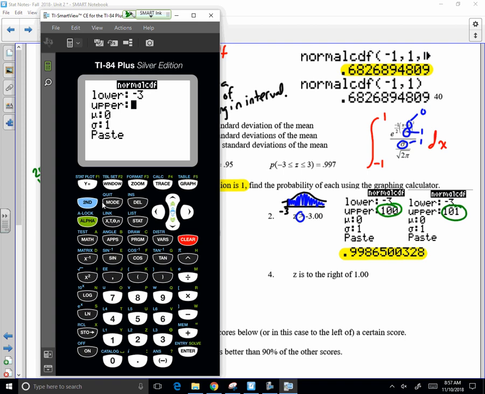It's kind of annoying, but this is what the calculator would have in there, 1E99, because that's 1 times 10 to the 99th power, so 1 with 99 zeros after it.